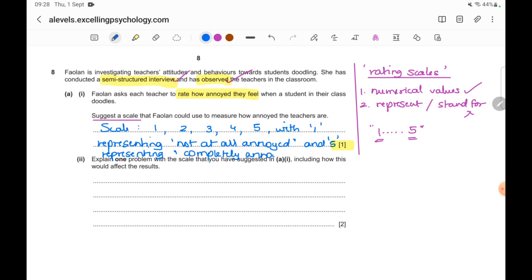Okay, this is very important. One thing you need to keep in mind when you're writing this answer is use the wording which is in the question. Okay, don't change the wording. So you can see I've used the word annoyed. See, self-reports are direct question answers.